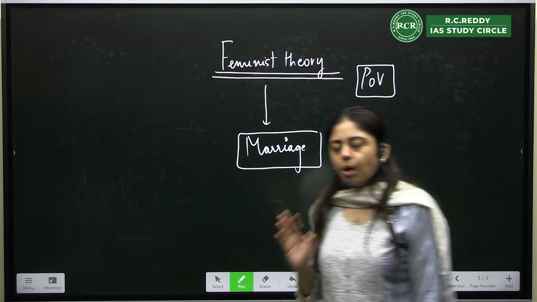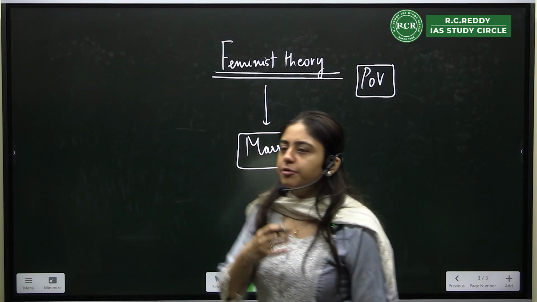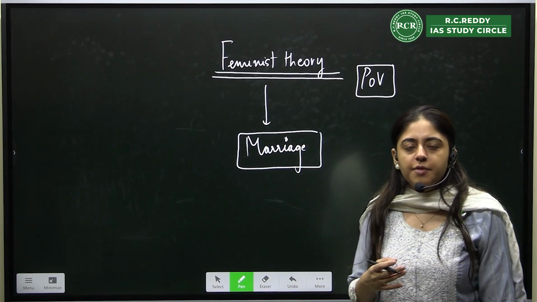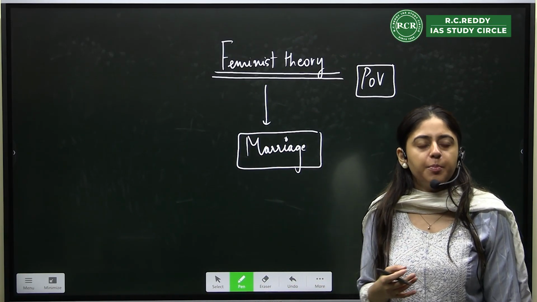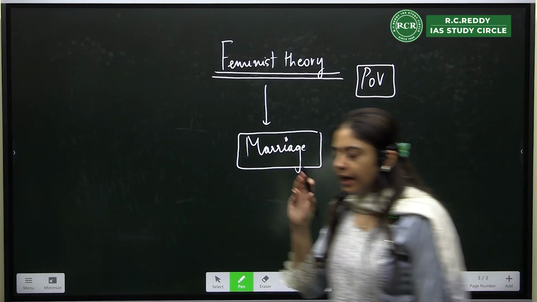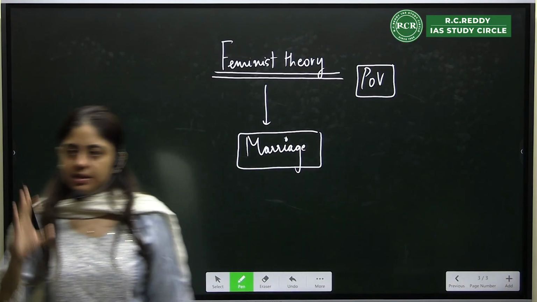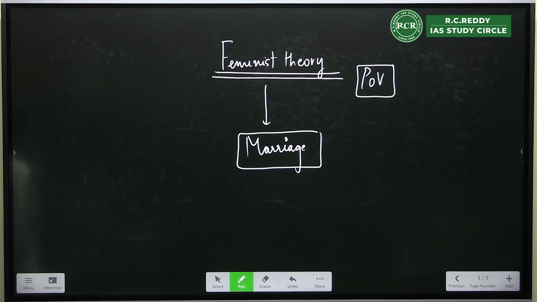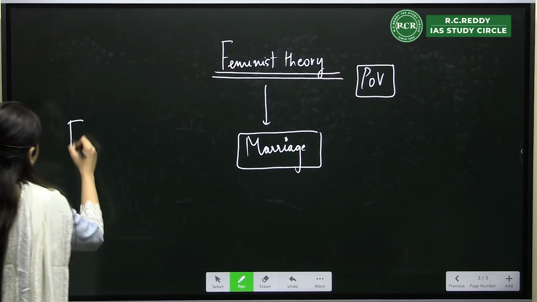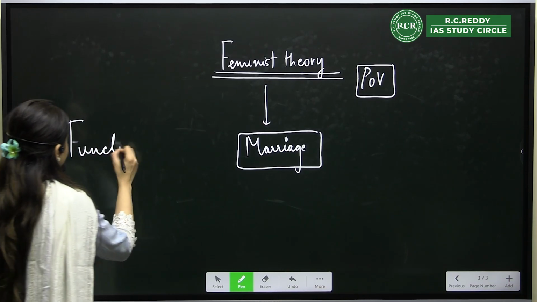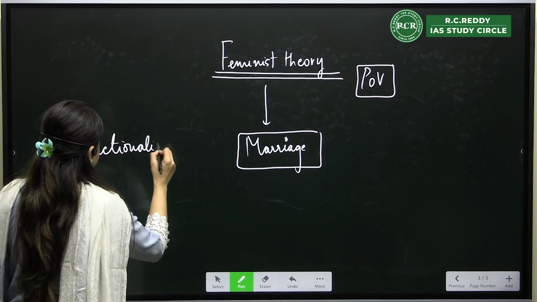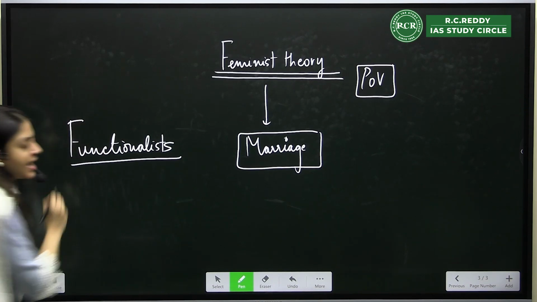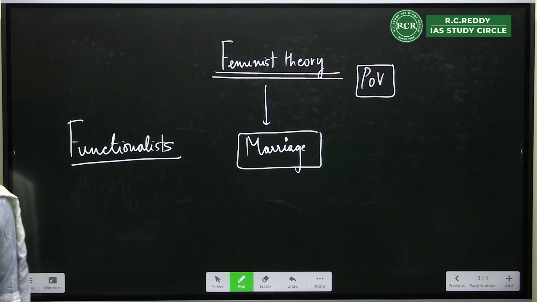So when feminists study this institution of marriage, their point of view will be very different. Introducing one more term here, it's simple. We'll do it in detail, but just for a clearer understanding, there is a group of thinkers known as functionalists. Functionalists, as the name suggests, find functions in everything. Right? Just a simple understanding for now.